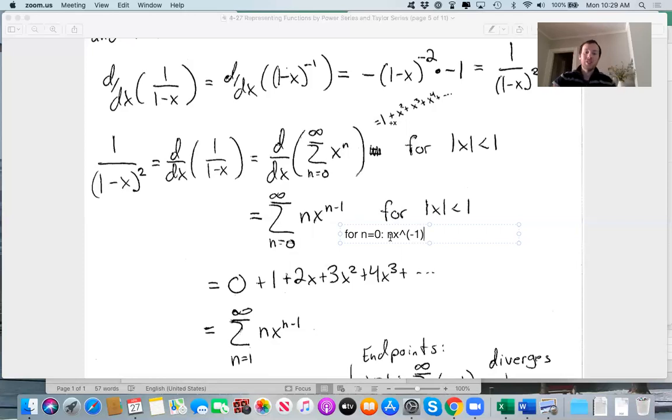And in power series, and this is part of what makes power series so nice, you don't have negative exponents. You also don't have fractional exponents. So for n equals 0, it looks like we have an exponent we're not allowed to. And the only reason that it works is because the coefficient n is equal to 0 in that case.